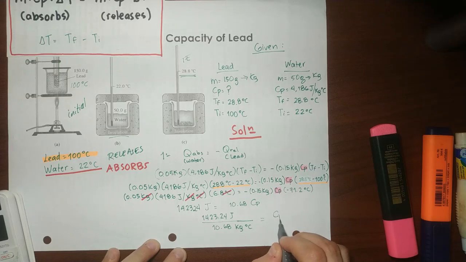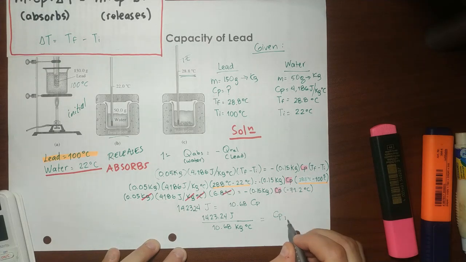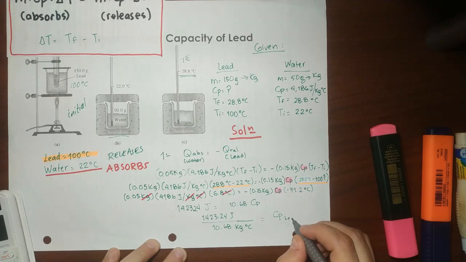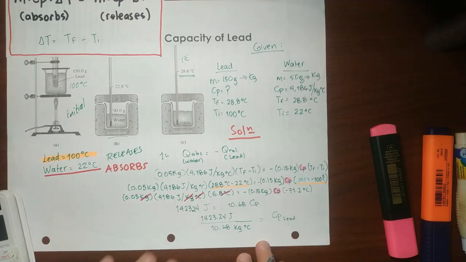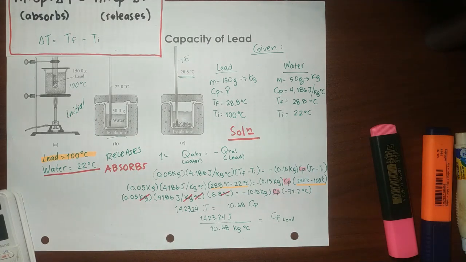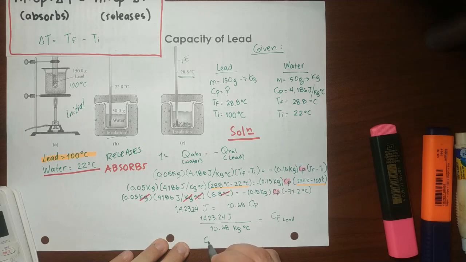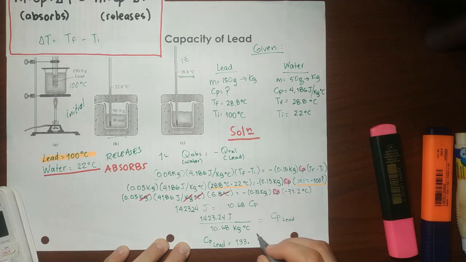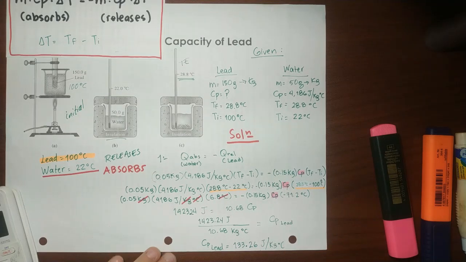This is equal to my specific heat capacity of the one that releases, that is lead. Now do the math. 1423.24 divided by 10.68. Okay, so I have my specific heat capacity of lead equals 133.26 joules over kilogram Celsius.